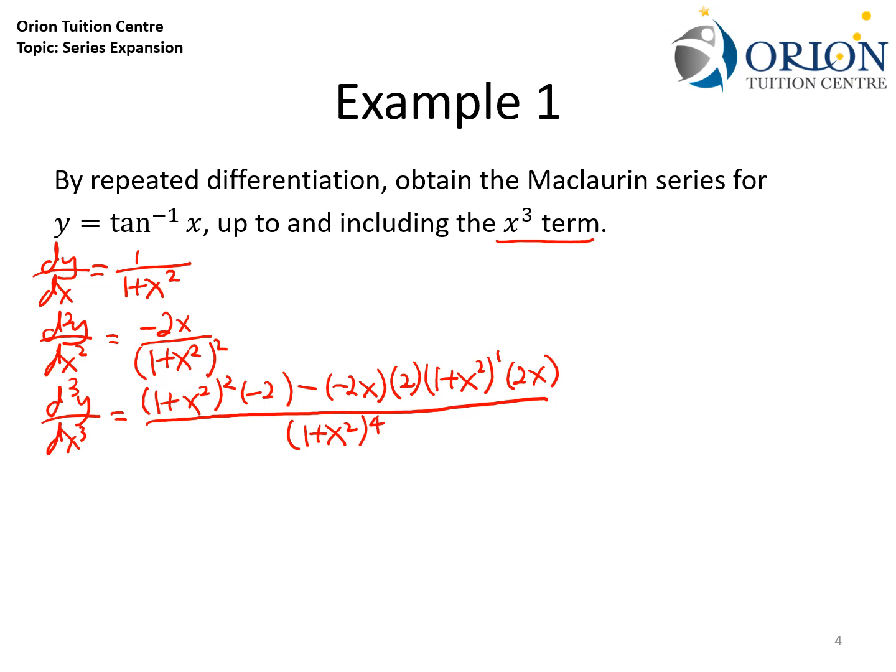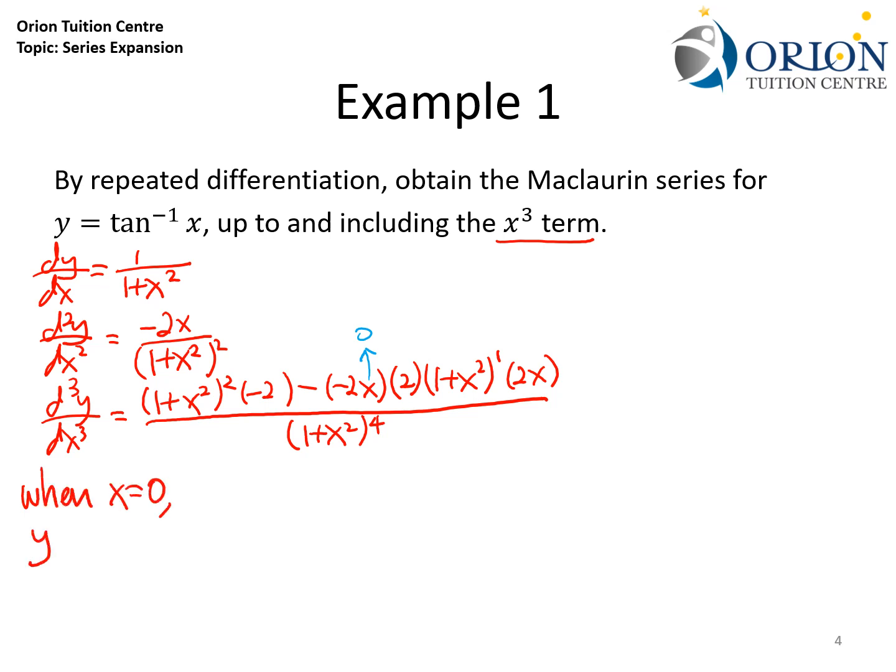I won't be simplifying this term because I know that when I substitute x equals 0, the 0 here will make this whole term go away, so I'm not going to waste time simplifying this expression. Now I substitute x equals 0.